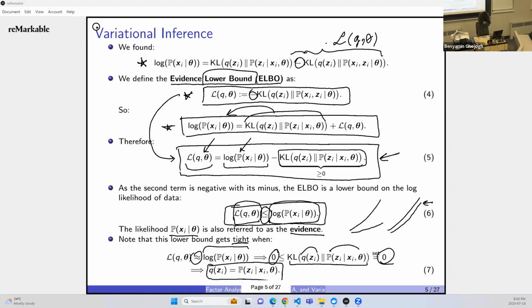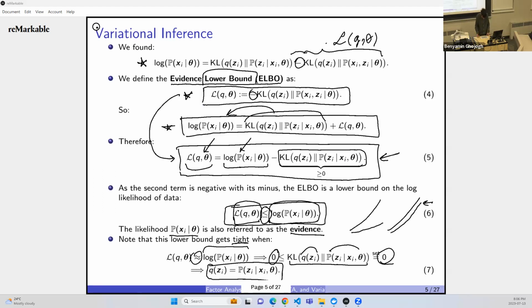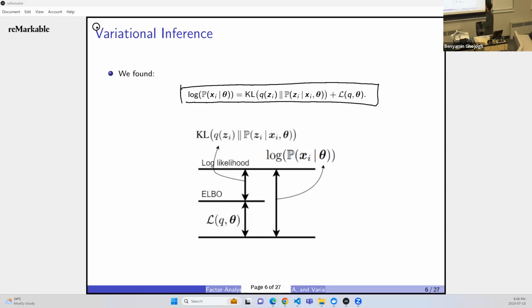So what do we have? Yeah, this is what we had found. This is the repetition of one of the formulas here. Then let's visualize it. I think Bishop's book has this visualization. So what does it do?